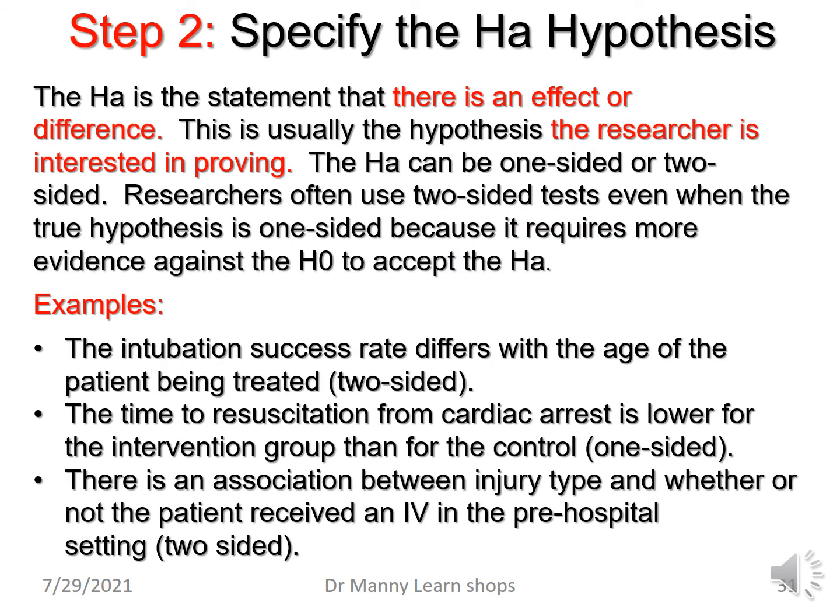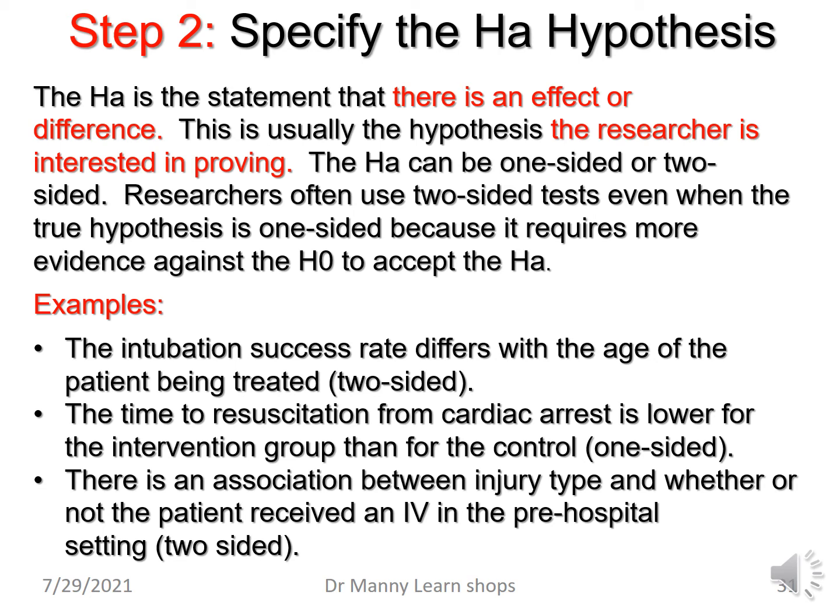Step 2. Specify the alternative hypothesis. It's a statement that there is an effect or difference. This is usually the hypothesis the researcher is interested in proving. The alternative hypothesis can be one-sided or two-sided. Researchers often use two-sided tests even when the true hypothesis is one-sided because it requires more evidence against the null hypothesis to accept the alternative hypothesis.